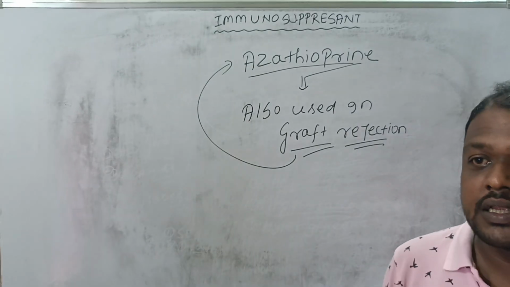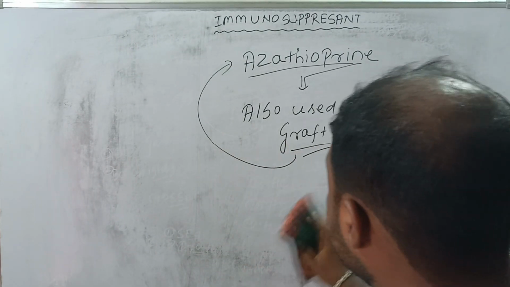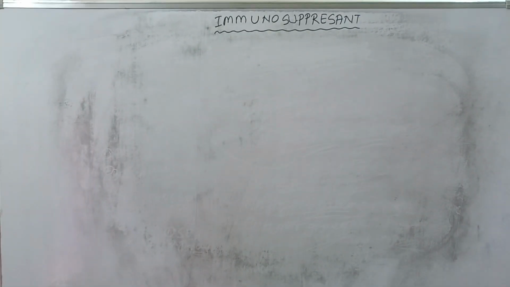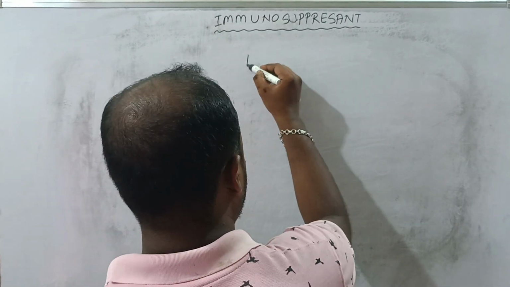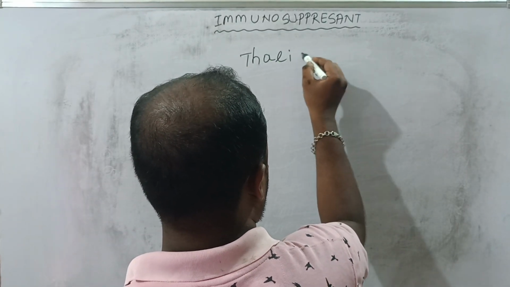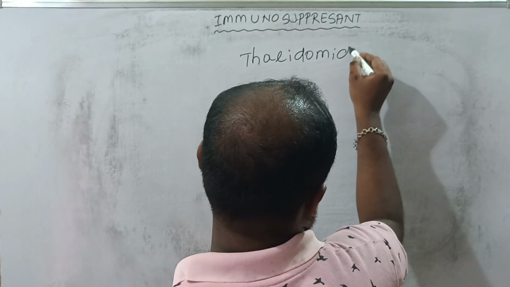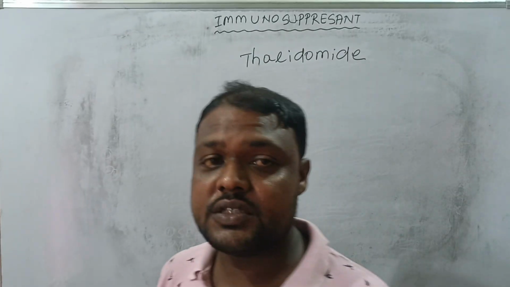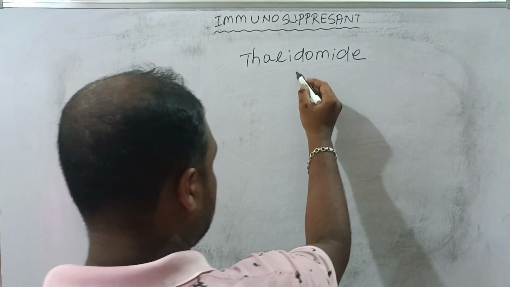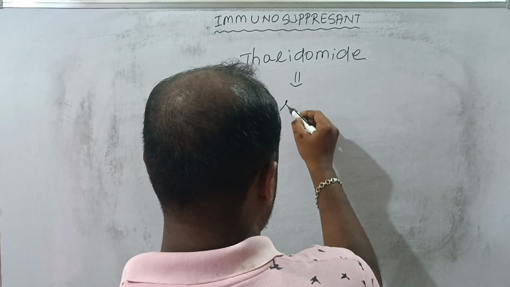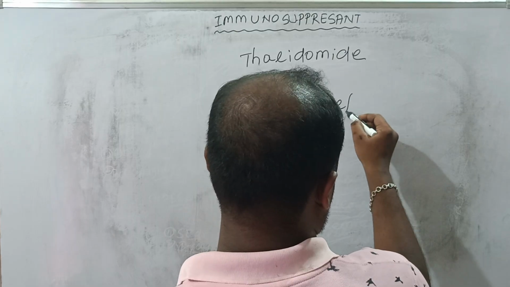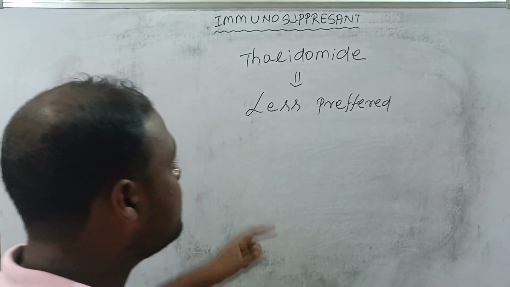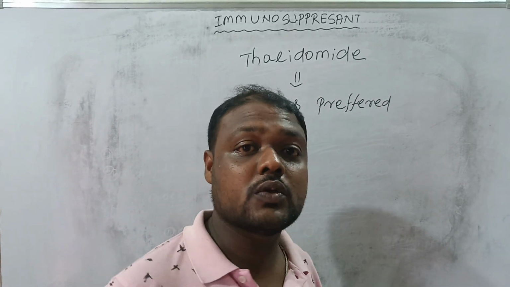Then the next immunosuppressant is thalidomide. Thalidomide is less preferred due to teratogenicity.